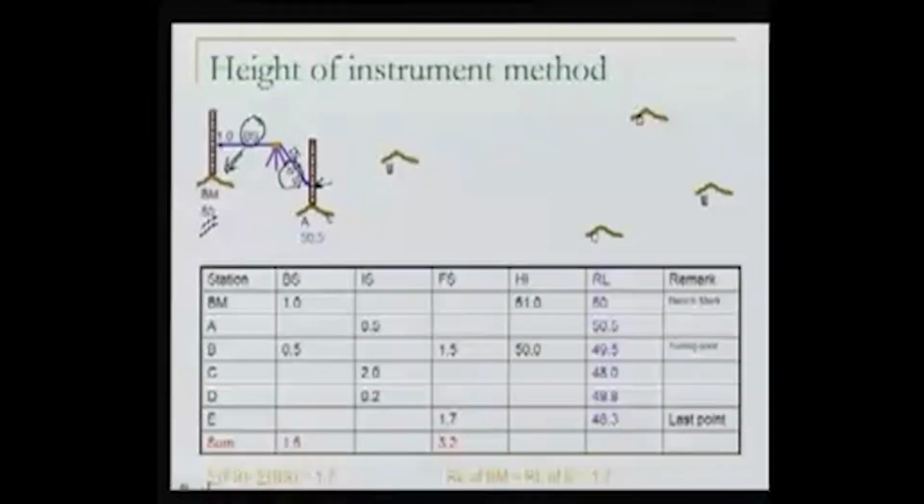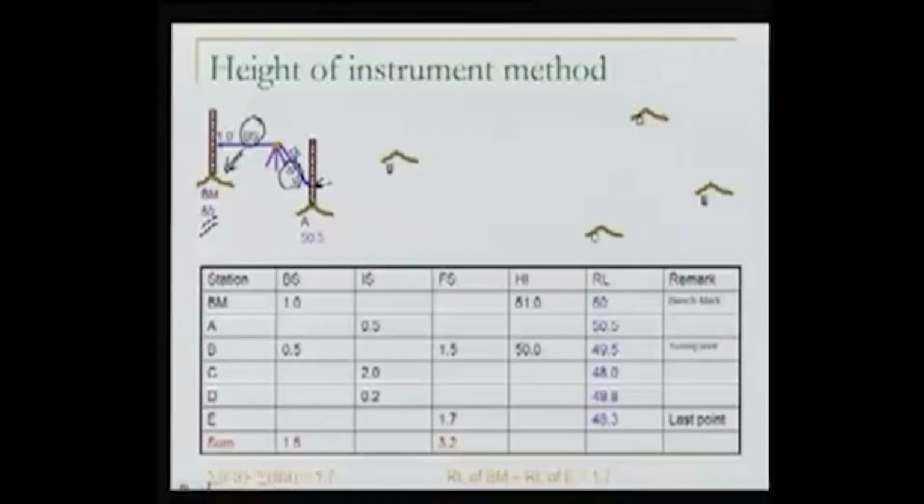An intermediate sight is any intermediate point in between, where we don't want to shift our instrument level. What I'm taking here is an intermediate sight. It's not a foresight yet because I'm not shifting my instrument after taking this sight.